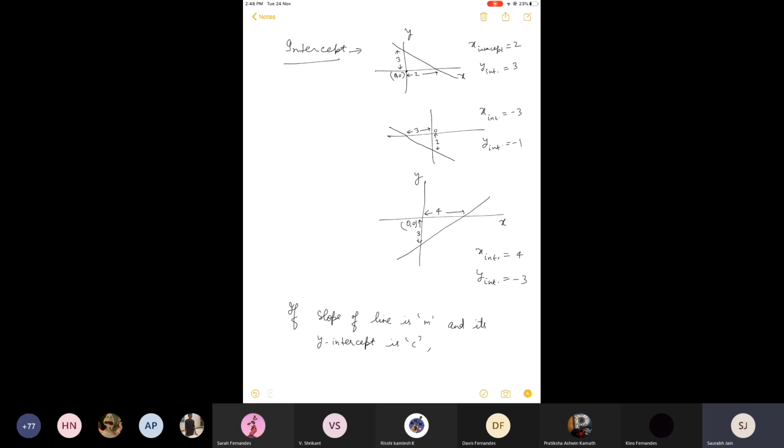So based on different information, you use different forms of equation of a straight line. Whatever data is given, according to that you use a suitable form of equation of straight line.